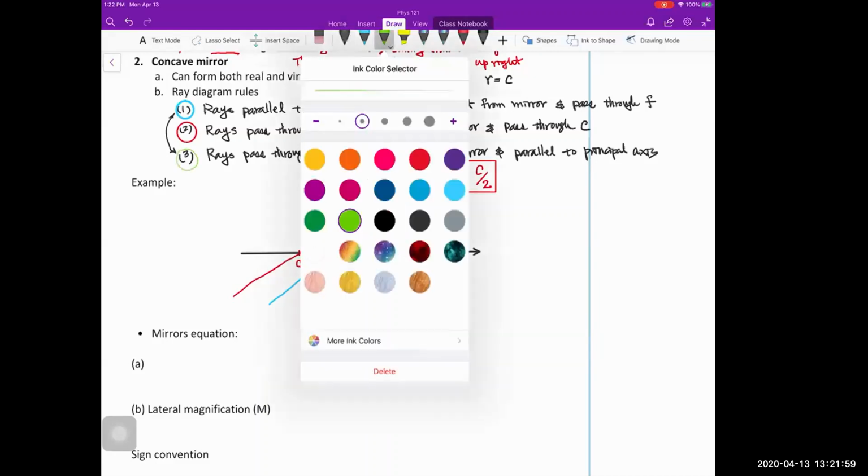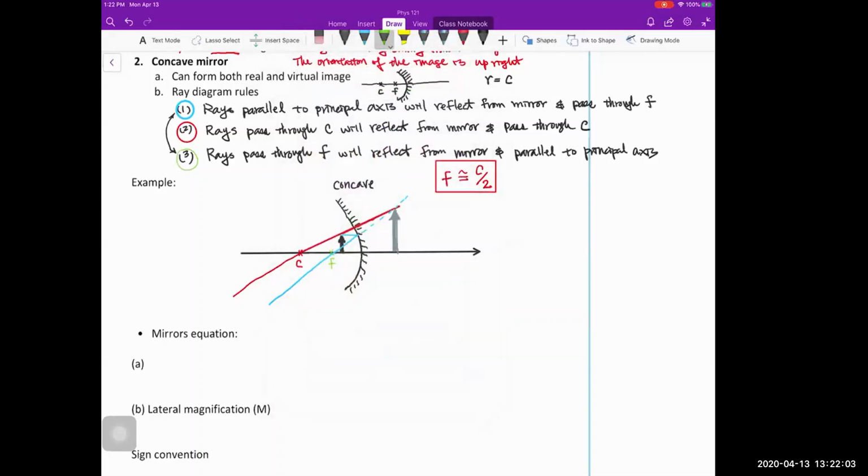Well, the third line means that if you have a light that passes through the F, so light coming from the tip and going through the F is this line here. And it will bounce off the mirror and it will be parallel once it passes through. So ideally this one will go this way.